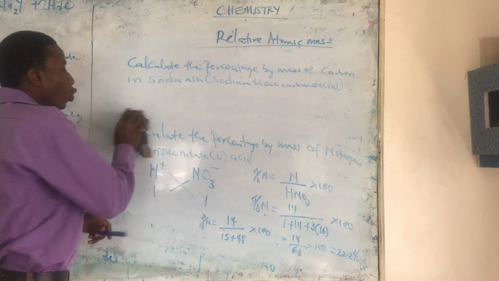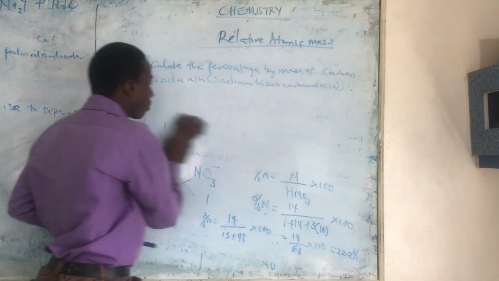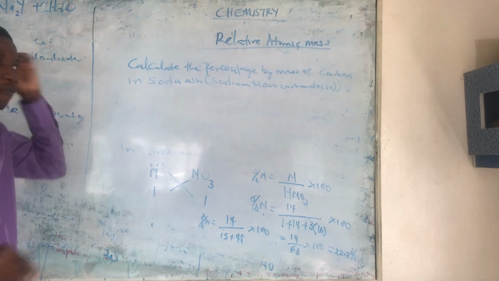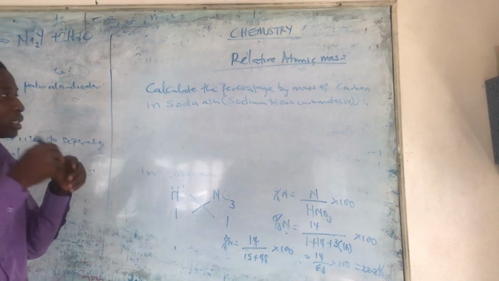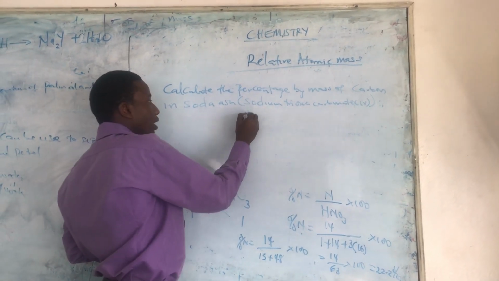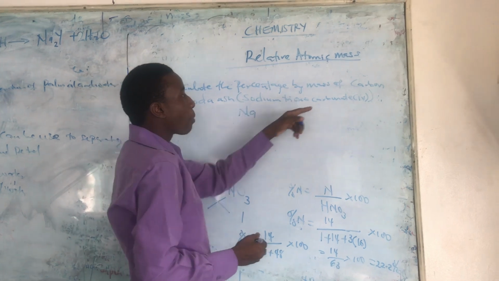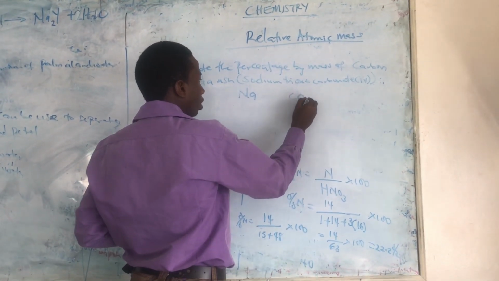So in this case, we are calculating the percentage of carbon. So what is the formula for sodium trioxocarbonate(IV)? I will tell you how you can form the compound. Sodium is Na. Trioxocarbonate(IV) is CO3.